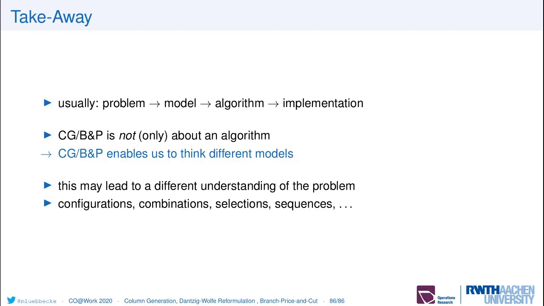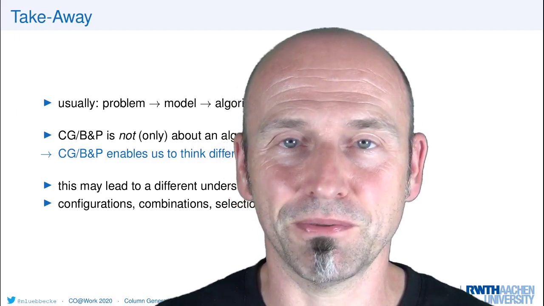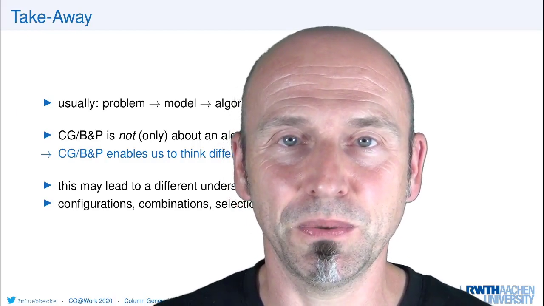We model in entire matchings, not in edges. We model in entire patterns to cut, not only in single orders. So we model in larger parts of a solution, and this is only possible because we have that column generation algorithm available. So I hope, of course, that you will try it one day, and if you do, never hesitate to contact us and contact me in particular.